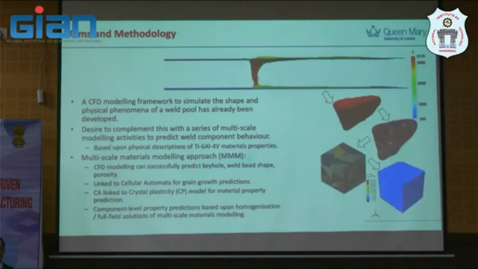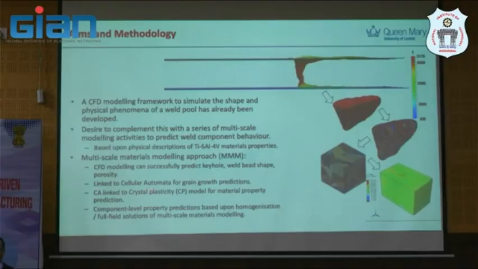Extract some microstructure, represent this weldment, and then you predict some property. That is the talk for the first part of this lecture. And this is a multi-scale problem, as you see. CFD can successfully predict the keyhole, validated with the thermal camera. I will show you a bit later, which you've seen something of yesterday already as well.